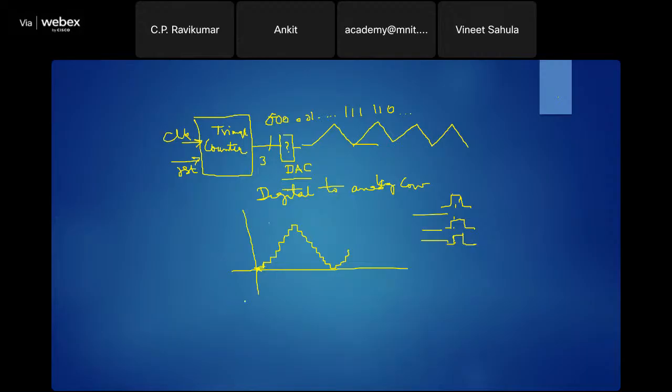So you can try a similar thing. Maybe you can generate a waveform like this if you want, or you can try generating a waveform like this if you want. So those things you can try on your own.